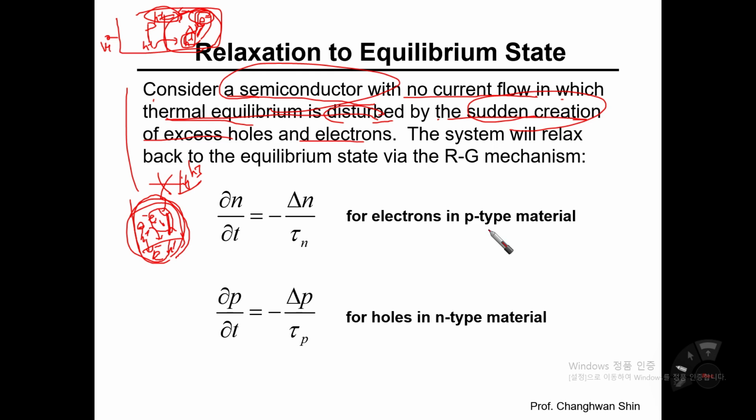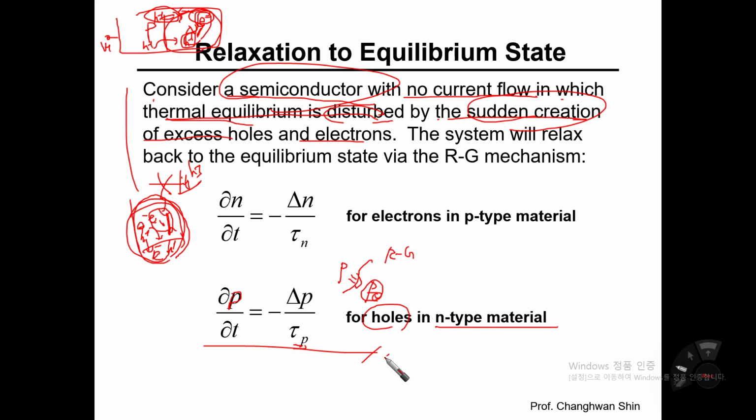So in N-type material, the suddenly created excess holes would decay toward the p naught value. So the p value would asymptotically approach the equilibrium hole concentration, but this process would be governed by recombination-generation. As we have learned, the rate of change of the non-equilibrium hole concentration is proportional to delta p, and the coefficient is the lifetime, each lifetime.